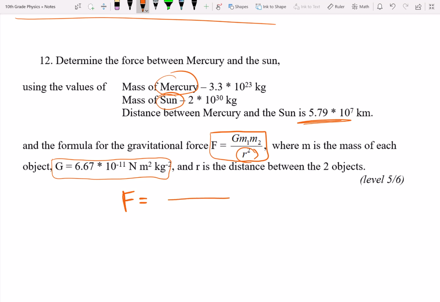You're just plugging in G, which is 6.67 times 10 to the negative 11. And then you're going to multiply that by the mass of the first one, which is 3.3 times 10 to the 23rd.